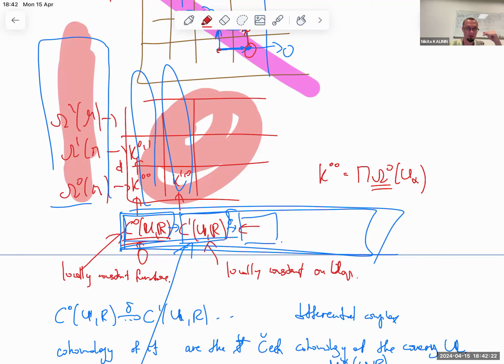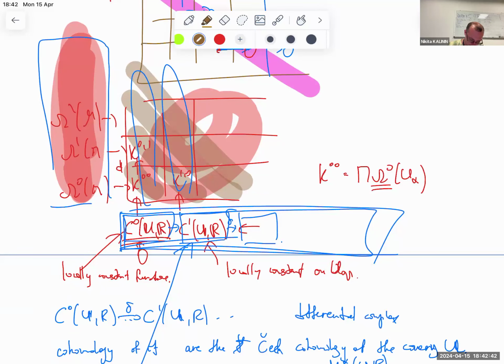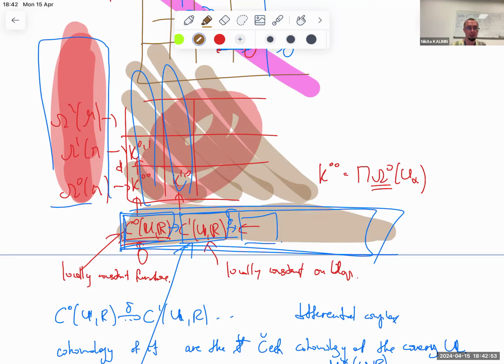So the column, for example, for us, this column was the column of differential forms on the manifold. And so the homology of these columns is equal to the homology of the complex defined by diagonals like that. And then it means that if instead of looking at the column, we consider the row, the picture is completely symmetric, and so the same homology will be the homology of this row. So that was the idea.